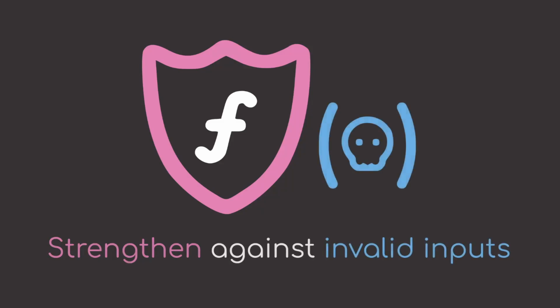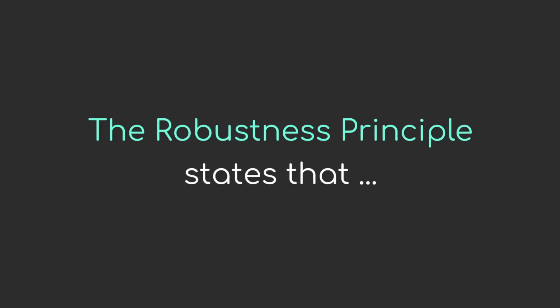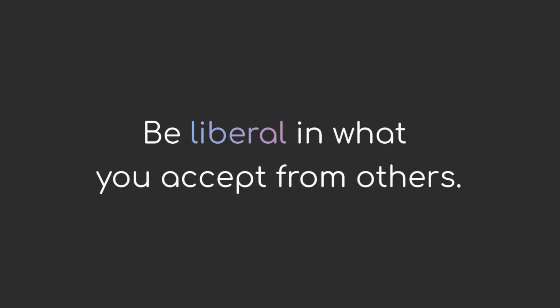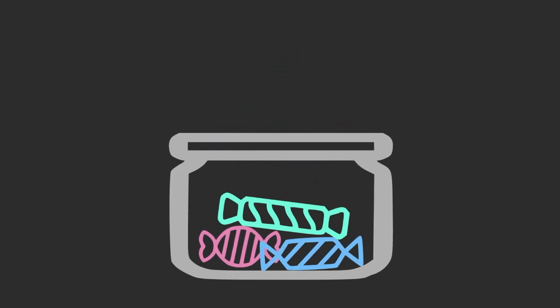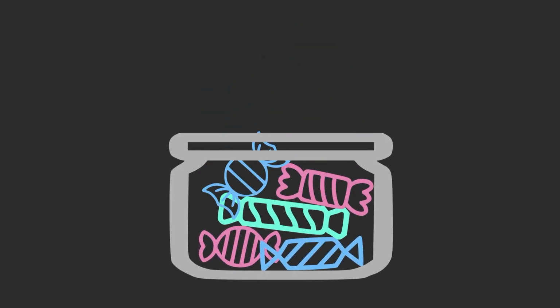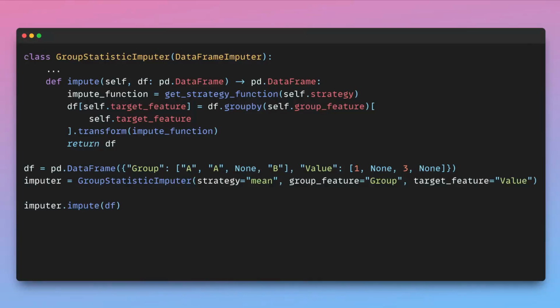The last step in refactoring the code is to strengthen it against invalid data inputs. The second half of the robustness principle states, be liberal in what you accept from others. This means that your code should be able to handle inputs that contain unexpected variations. However, the GroupStatisticsImputer class violates this principle by not handling cases where the group feature column contains missing values.